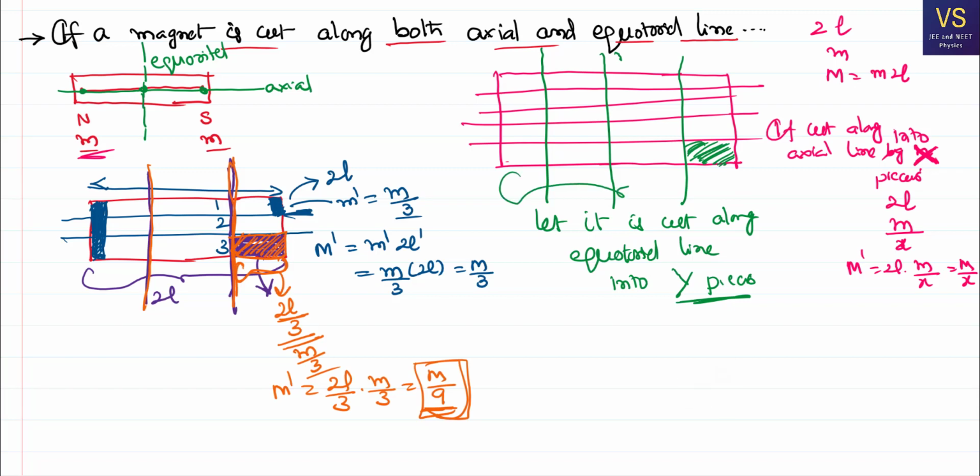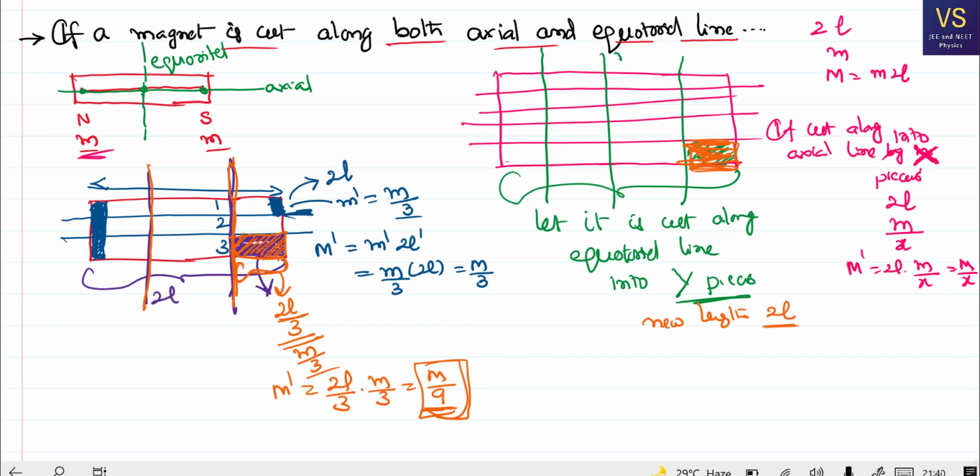This is the total length 2L, and this is the small length that we want to calculate. Each piece had a length of 2L earlier, and it remained the same even when cut along the axial line, but now that you made Y pieces, it becomes 2L by Y. The new pole strength remains the same.